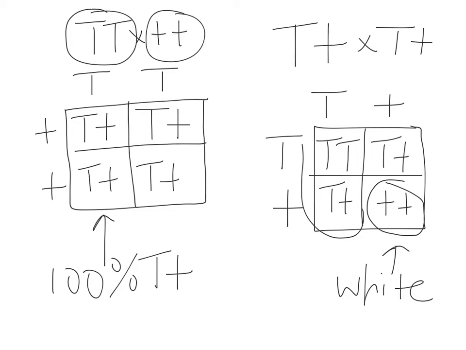And then all three of these are going to be your purple. Okay, and that is his 3-to-1 ratio. So he saw this over and over and over again in that F2 generation. The next slide is going to have a little video clip that kind of goes through the experimental design again.